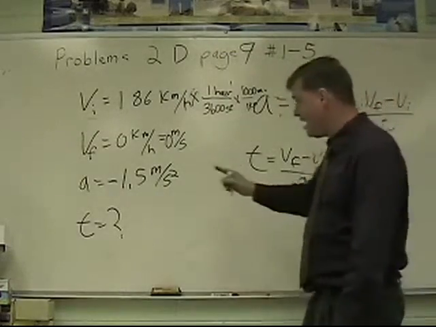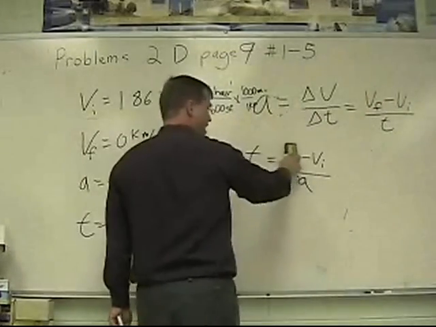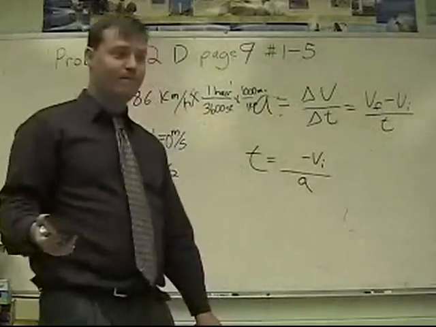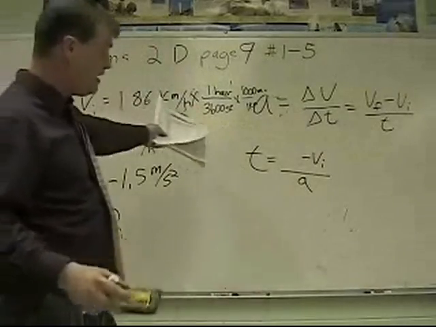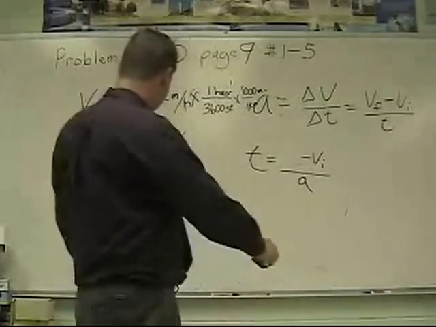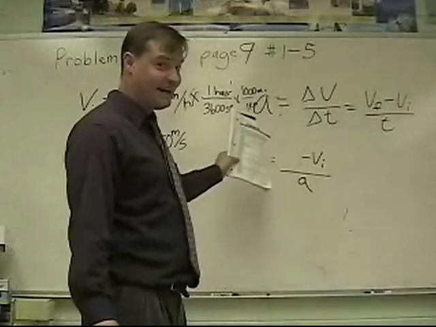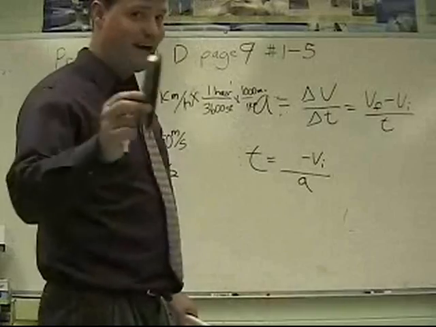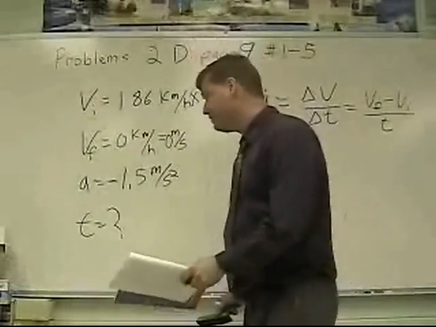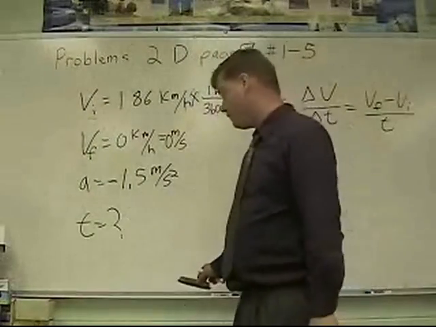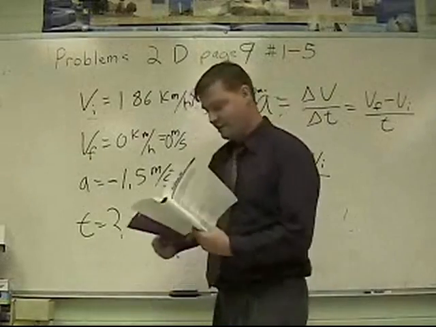And notice that our VF is 0, which means our initial velocity, although it was positive, has now become negative, and our acceleration was already negative. So don't forget that a negative over a negative is a positive. And that's all you had to do for this first problem.